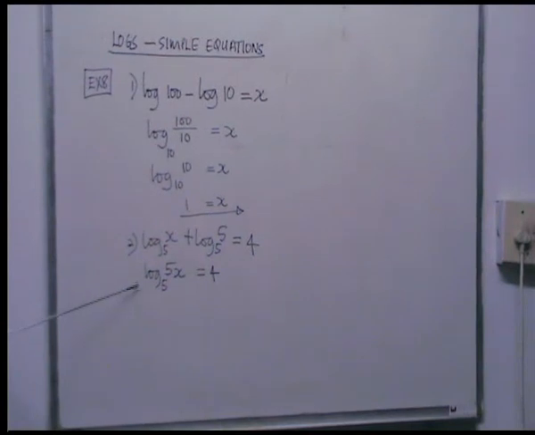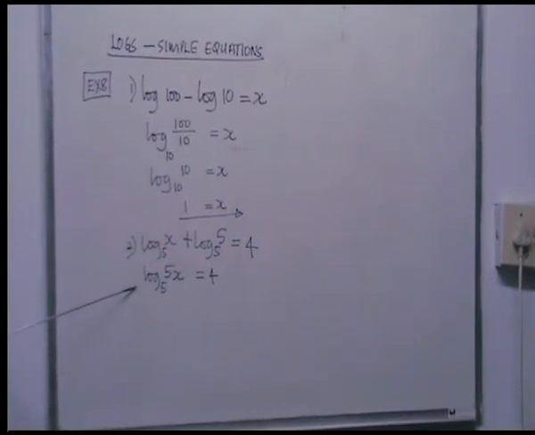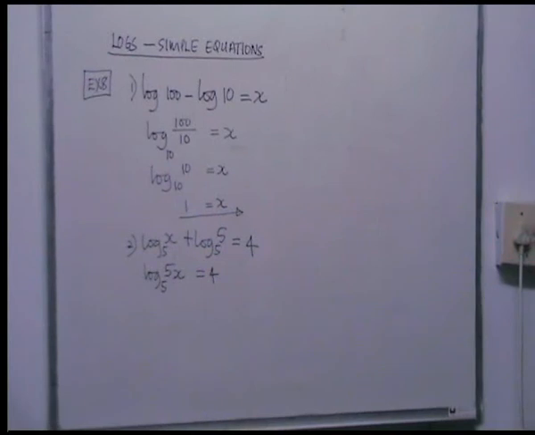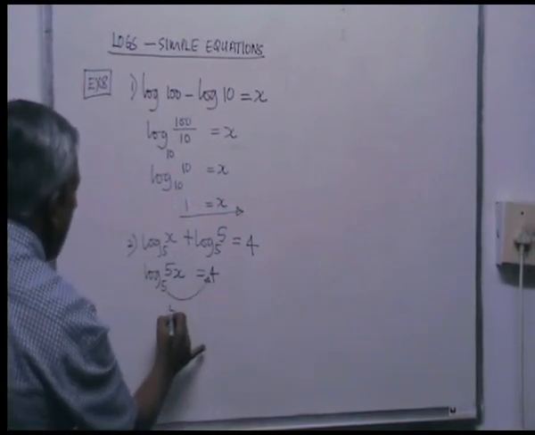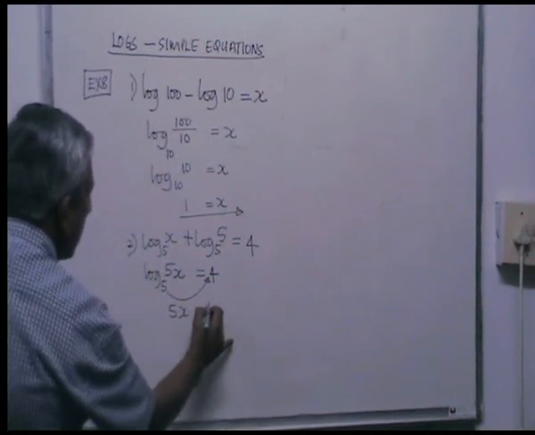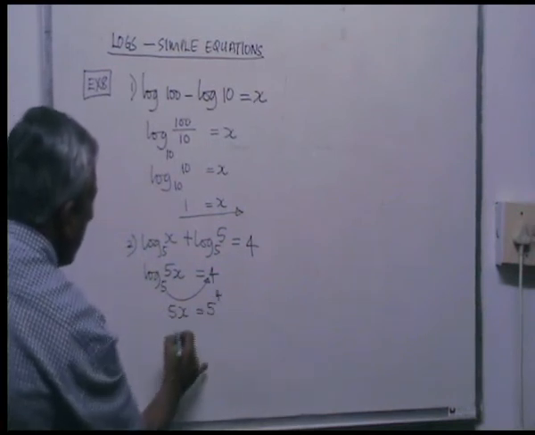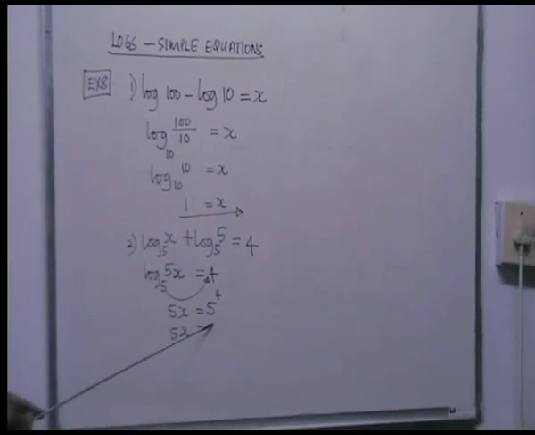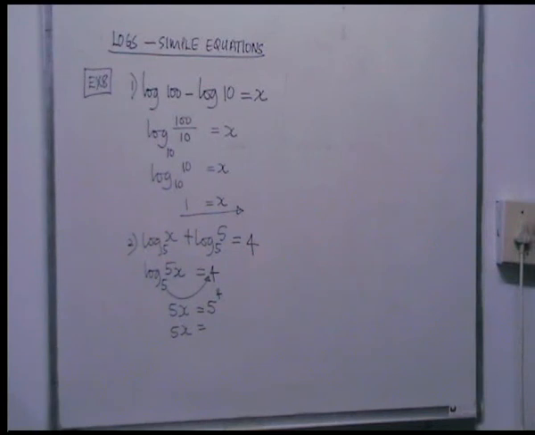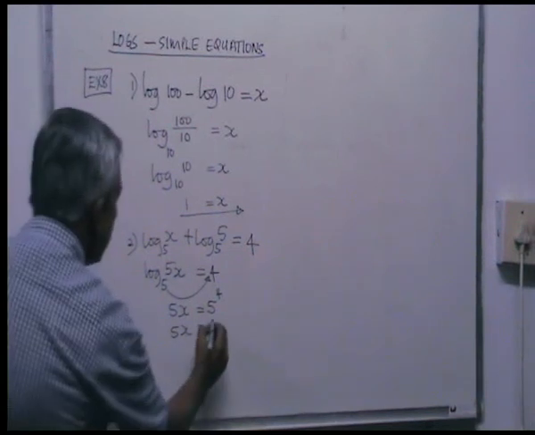And then when you saw this, you said, well, it's log form, let me change it to index form. And you said, well, if I send that there, I'll end up with 5x is equal to 5 to the 4. You put that in the calculator: 5, y to the x, 4, is equal to, and you get 625.